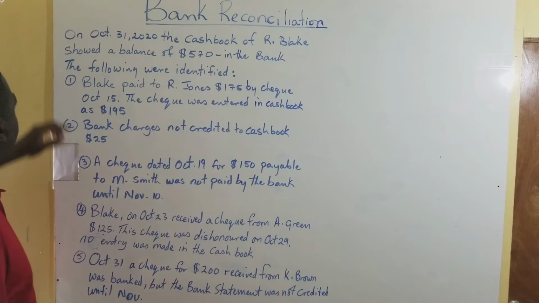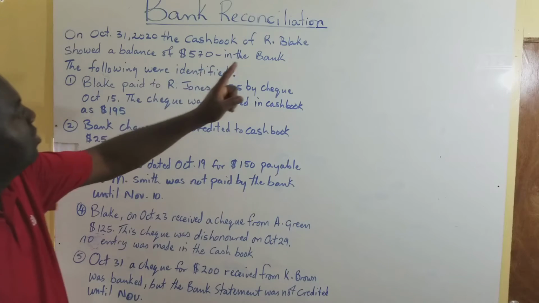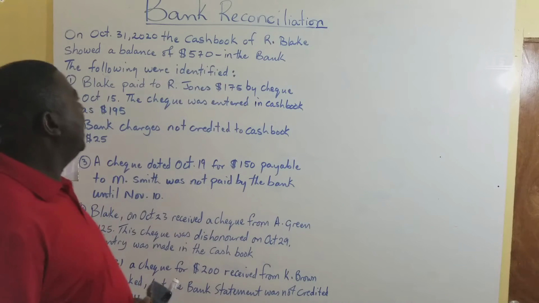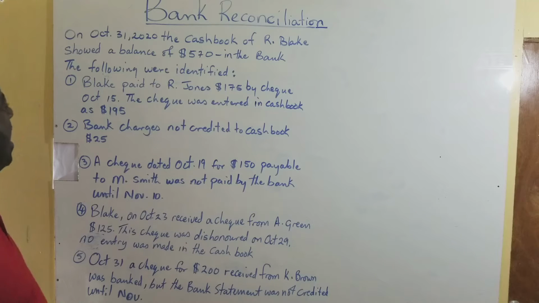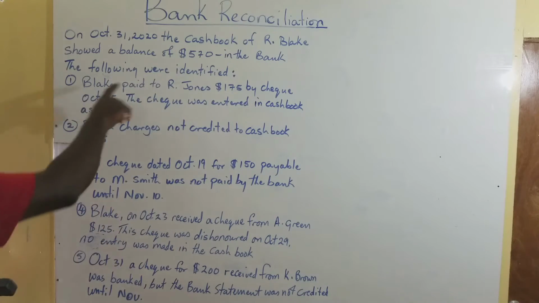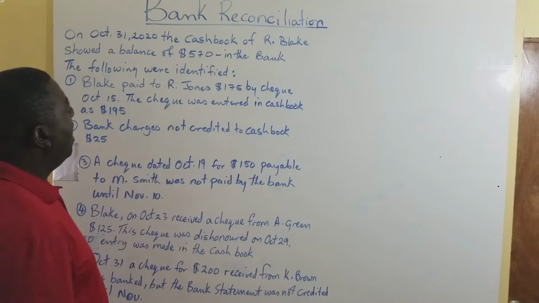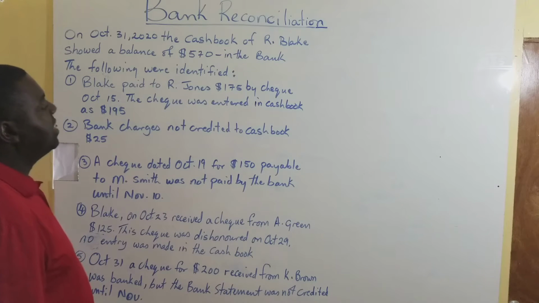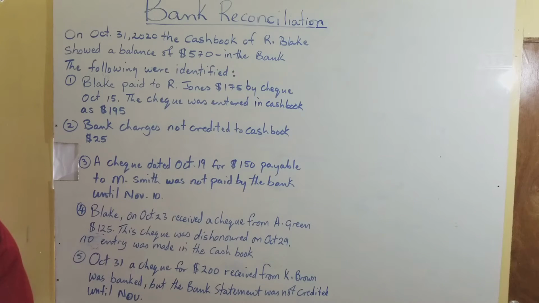This here indicates that on October 31st, 2020, the cash book of R. Blake showed a balance of $570 in the bank. The following were identified. 1. Blake paid to R. Jones $175 by check October 15.